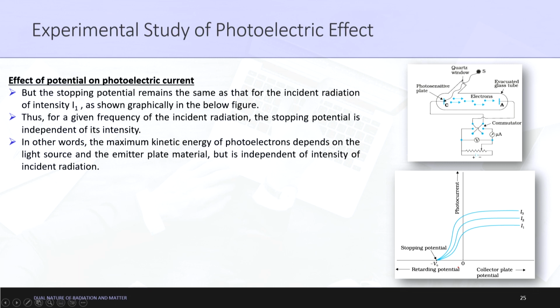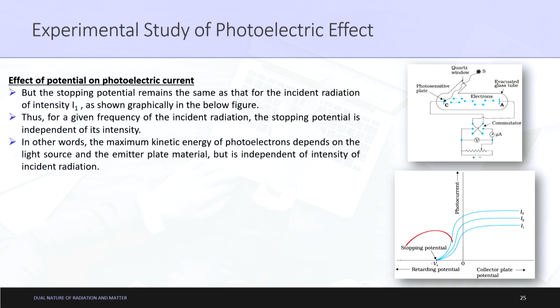Let me reiterate: the stopping potential remains the same as that for the incident radiation of intensity I1. So, it does not depend upon the intensity of incident radiation; the stopping potential is always constant, as shown graphically in the figure below. Thus, for a given frequency of the incident radiation, the stopping potential is independent of its intensity.